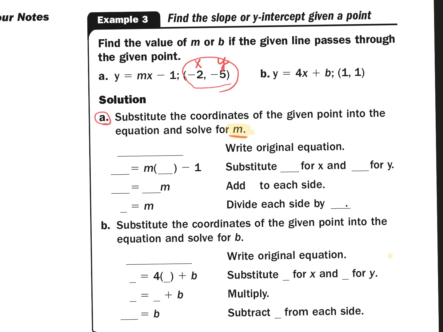So it says write the original equation. So we know it's y equals mx plus b. Then we're going to substitute -2 for x and -5 for y.